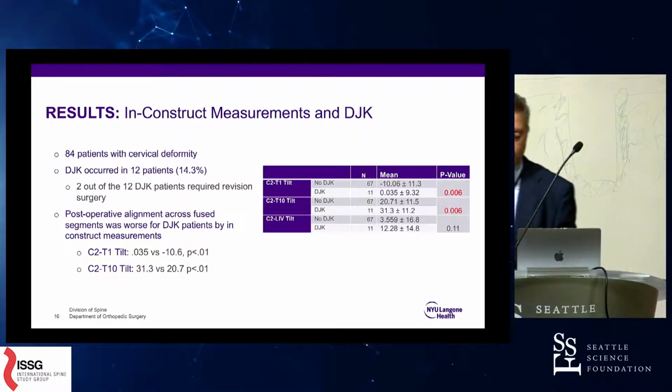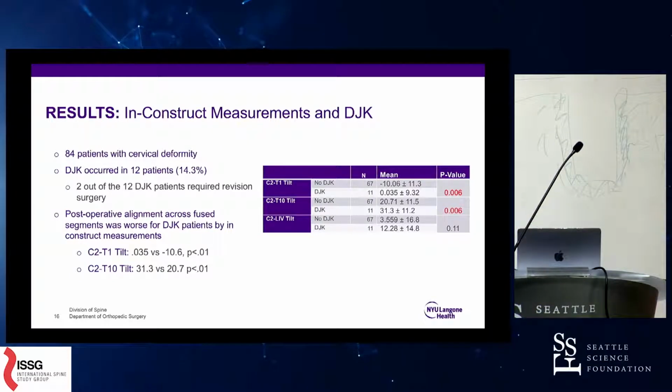And if he left the operating room with that angle measured from C2 to T1, like in a cervical to upper thoracic construct, you can see that they got DJK if it was 10 degrees versus 0. So I'm sorry, this is the patient that didn't get DJK, had a lordotic spine. This patient had a straight spine, so it's 0.035.